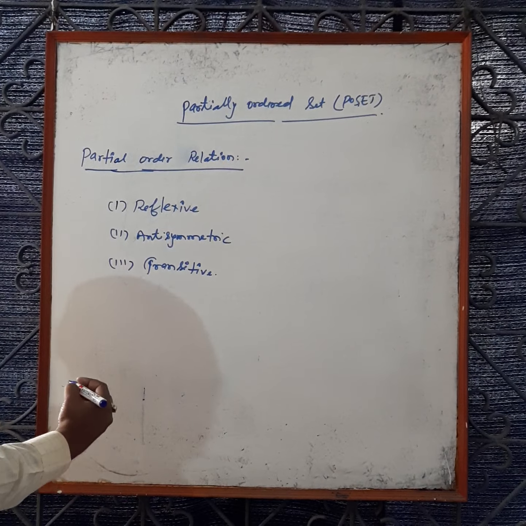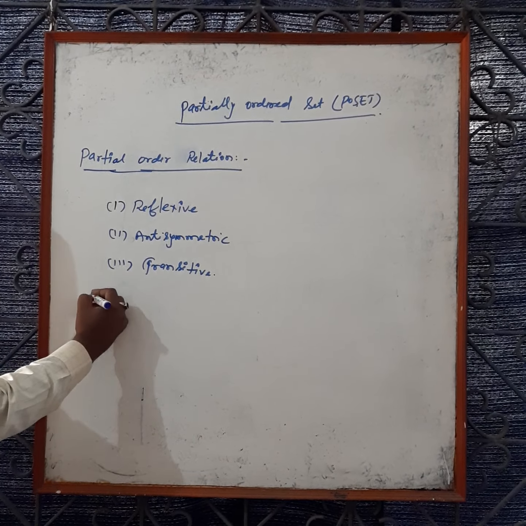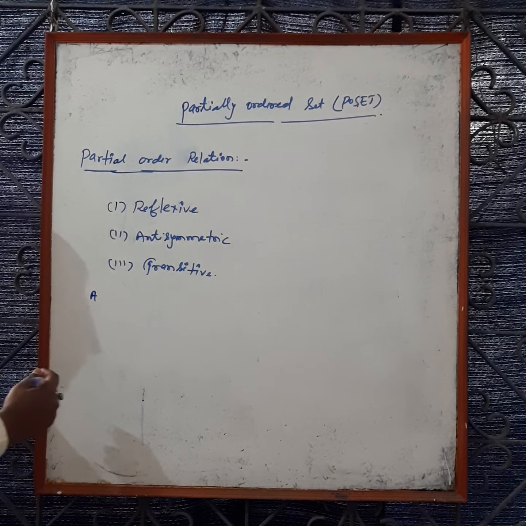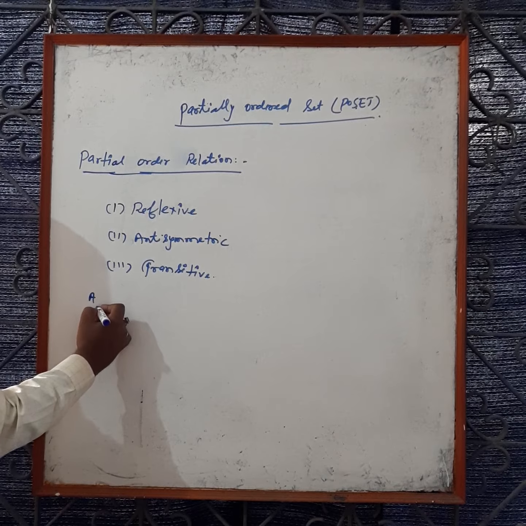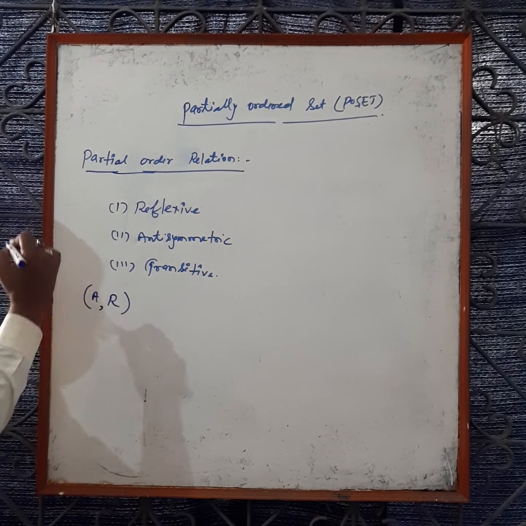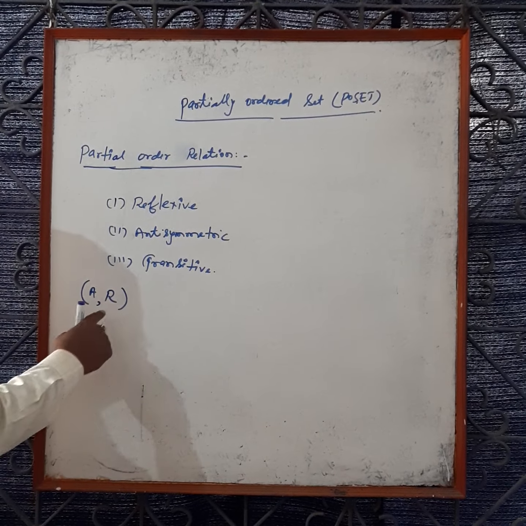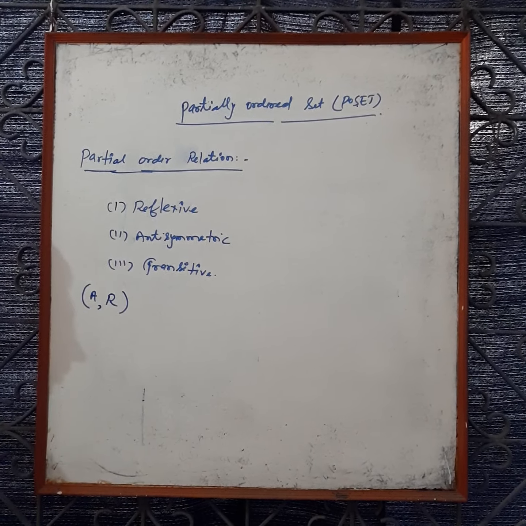We already know that when we define a relation on a set, a relation is always defined on a particular set. Here we take A, then the set A together with relation R. This combined structure is called partially ordered set when R is partial order relation.